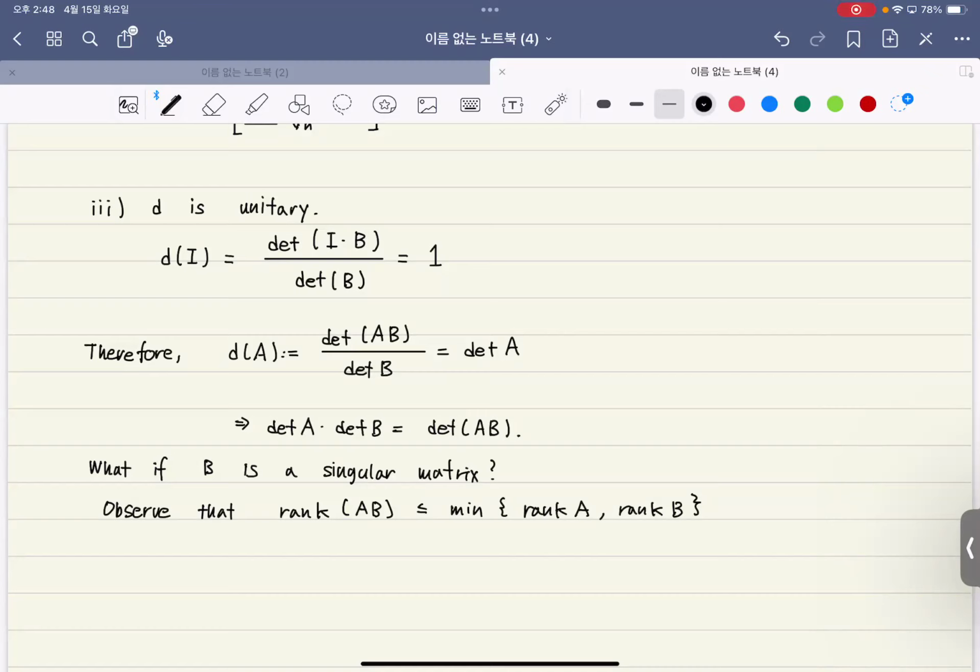So that means if B is a singular matrix, suppose that A and B are both n by n matrices. And if B is a singular matrix, then the rank of B must be strictly less than n. Therefore, the rank of AB also must be strictly less than n.